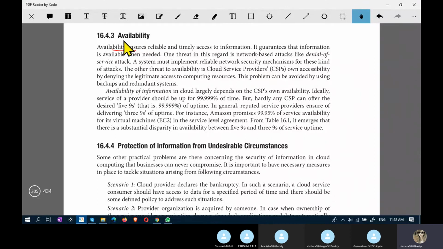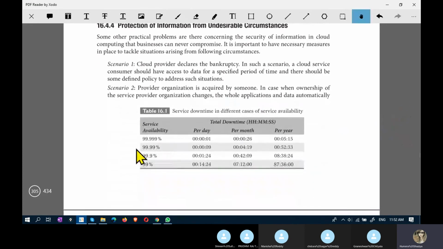Availability means reliable and timely access. And this availability is very interesting. You look at here, availability of servers should have 5 nines. If there are 5 nines, then per year you will have only about 5 minutes downtime. Per day, it's just about 1 microsecond, might be.